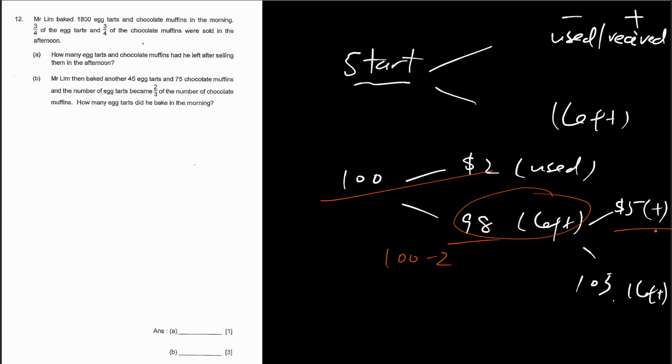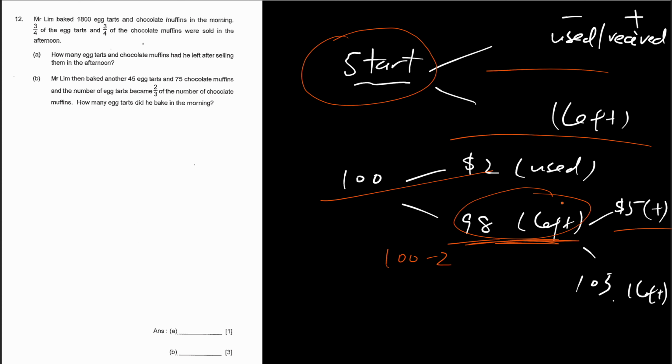You refer to the left, or another way to see it is you refer to the head of the branch. This is called the head of the branch. These two are sub branches. So you should focus your attention on the head of the branch. So you add your 5 to 98, so you should get 103 left now. We can continue, but we should stop here.